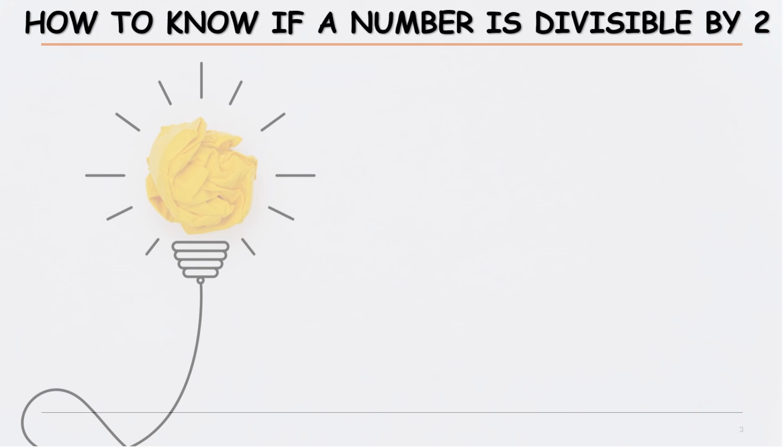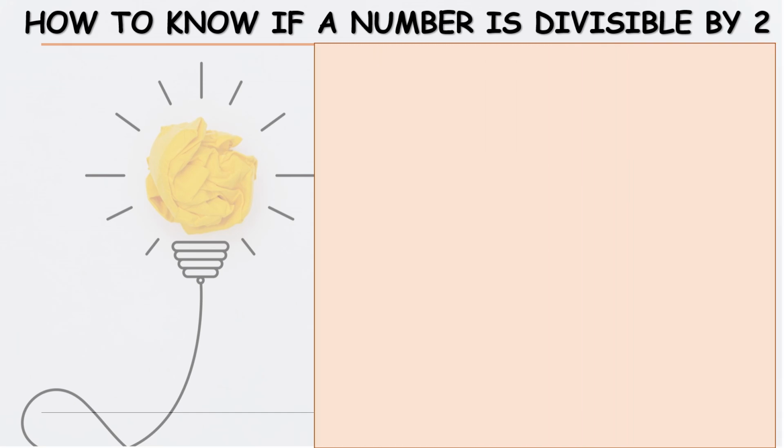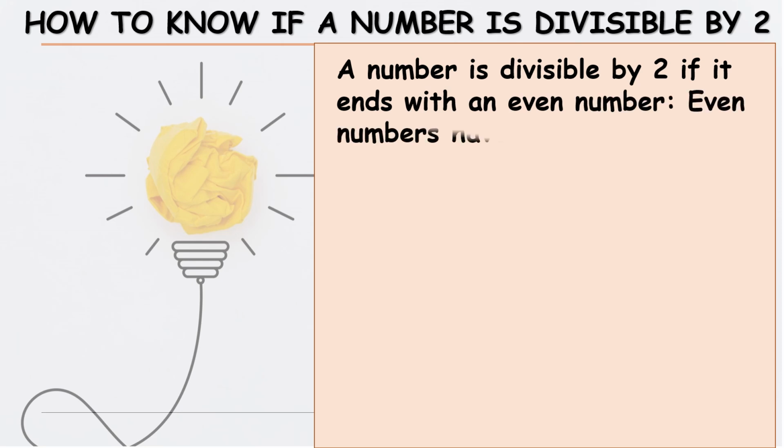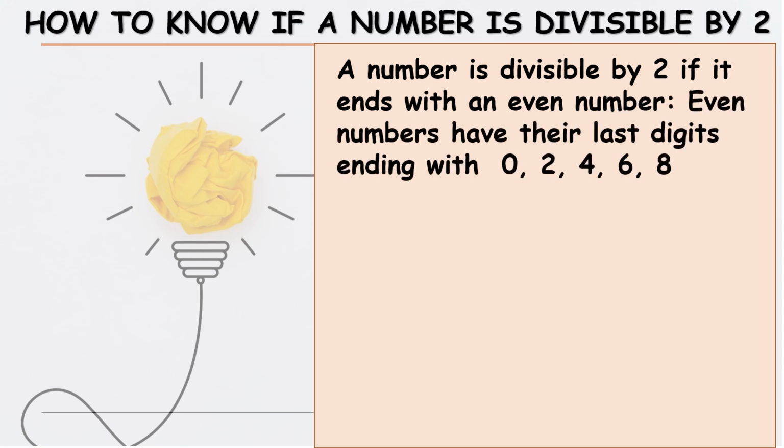How do you know if a number is divisible by 2? Before I go along, in number divisibility, it's very important you have these tips so that when you are dealing with maths problems, you'll be able to navigate properly. A number is divisible by 2 if it ends with an even number. And what are even numbers?